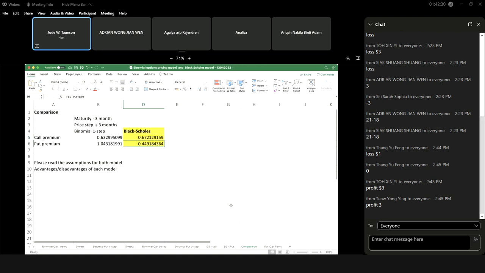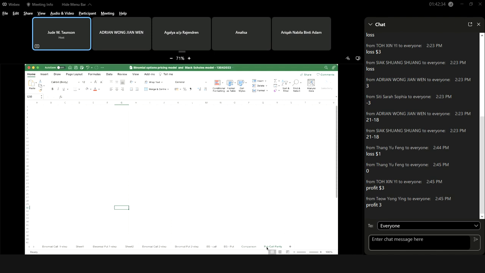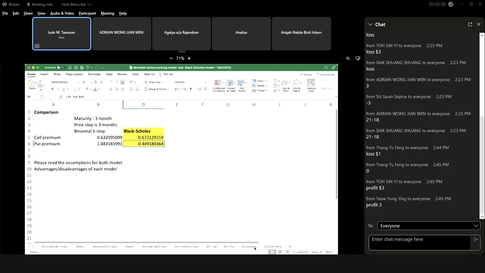Because next week we're going to do the put call parity. Put call parity. Is this overpriced? Is this underpriced? Right? Okay, so there's a continuation, yeah? So next week we do put call parity. We have these prices.